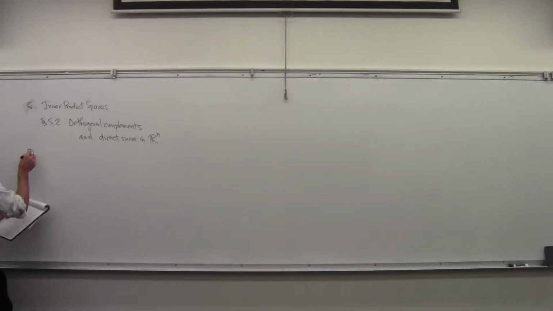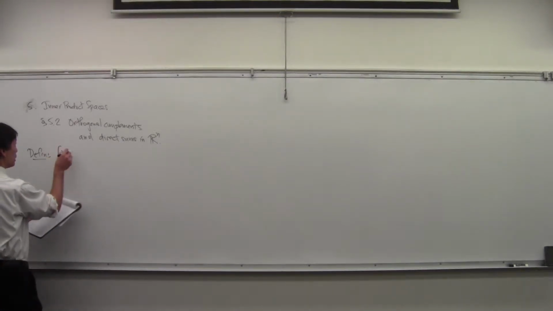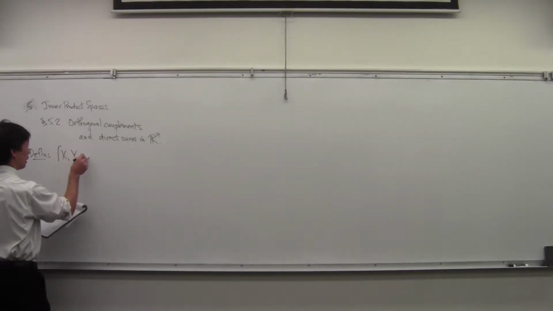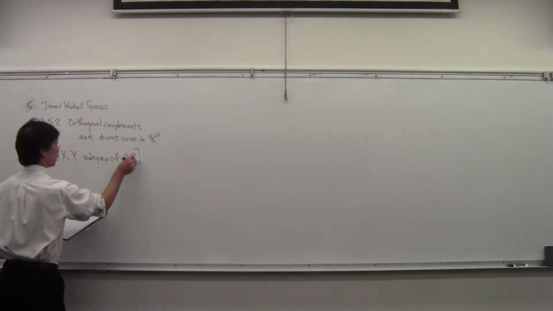We'll start off with one notion, and we'll get rid of this notion pretty soon, but we'll start with this. You have two subspaces, X and Y, of Rn.